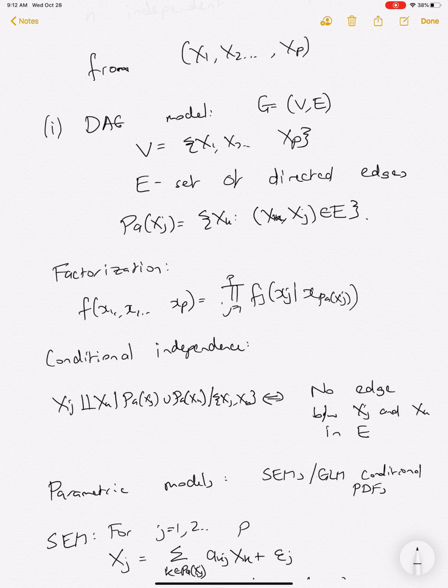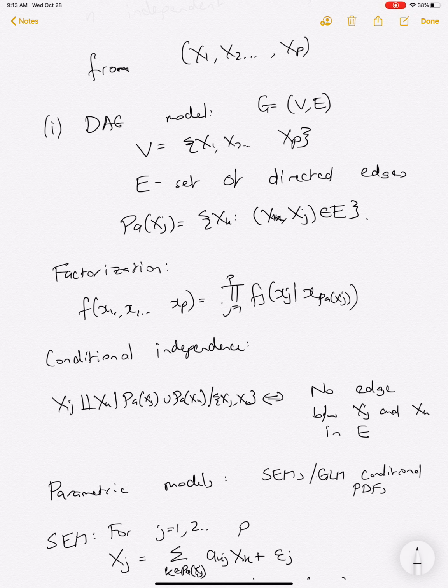And then there was this nice connection between the graph structure and conditional independence. As I mentioned at the beginning, and as we've discussed throughout, the graph represents conditional independences or dependences between different nodes. There is a conditional independence between xj and xk given the parents of the 2 nodes, not including those 2 nodes themselves, if and only if there's no edge between xj and xk in the graph E. And obviously the converse also holds.